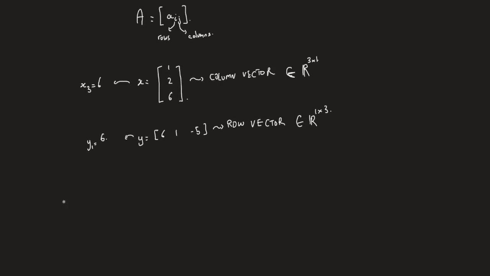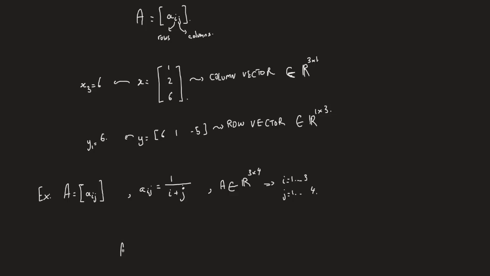Let's say I have a matrix A with entries a_ij, where a_ij is 1 over i plus j. Now, if we say I need a matrix of size 3 by 4, so A falls in R^(3 by 4), then it should be understood that i takes values from 1 to 3 and j takes values from 1 to 4, right?